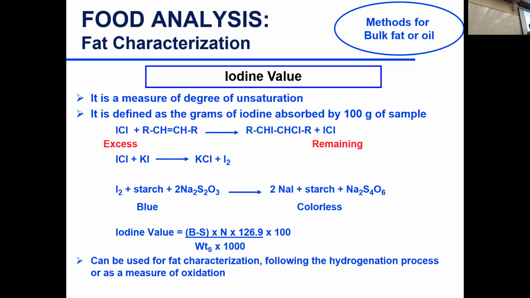So all of the ICl will react with potassium iodide and give you the maximum iodine possible. So the blank will have the highest volume. If the sample is very polyunsaturated, you'll have only a little bit of iodine generated. Your sample volume will be lower, so your iodine value will be higher. That was a good question.